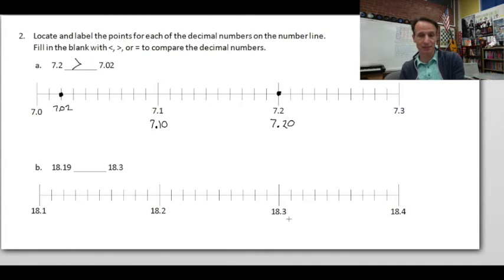18 and 3 tenths. I mean, that's right there, right? We can see it. There it is. 18 and 3 tenths. Cha-ching. Done. All right, now we're going to go to 18 and 19 hundredths. Well, if you were counting, 17, 18, 19, 20. Look at this here. This 18 and 2 tenths would be 18 and 2 dimes, $18.20.